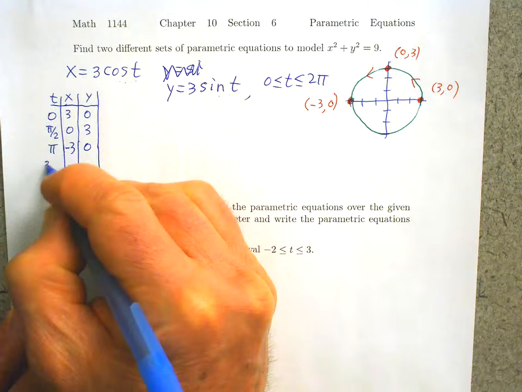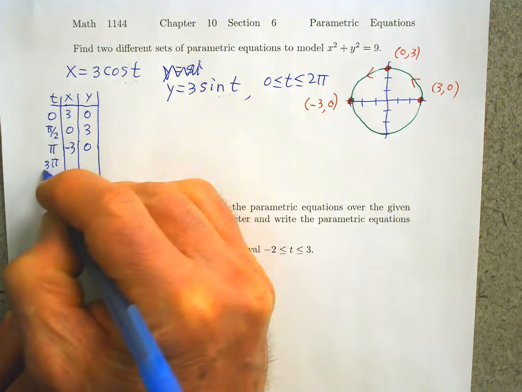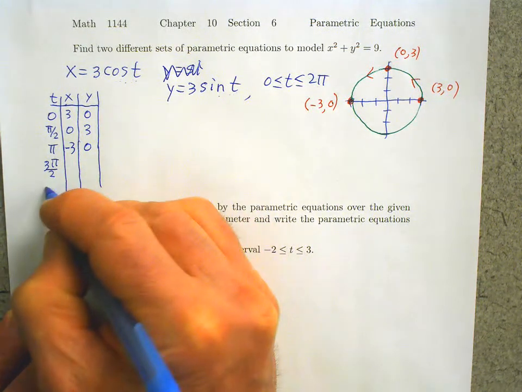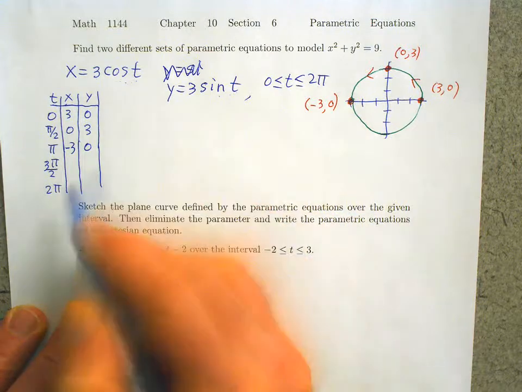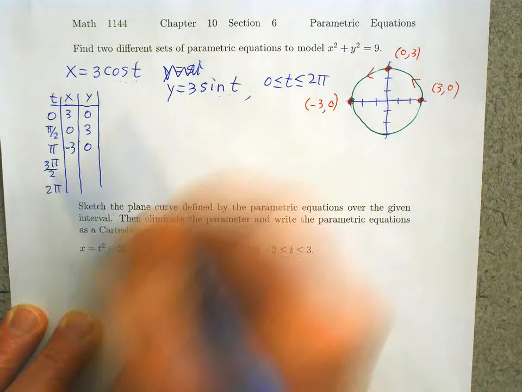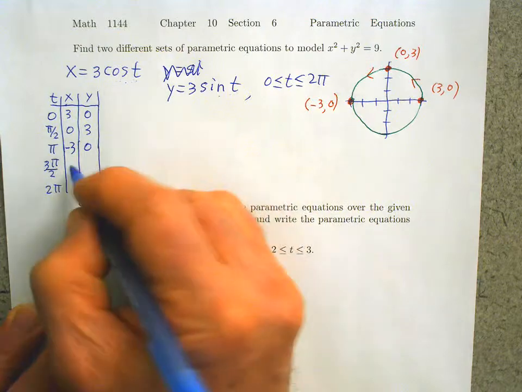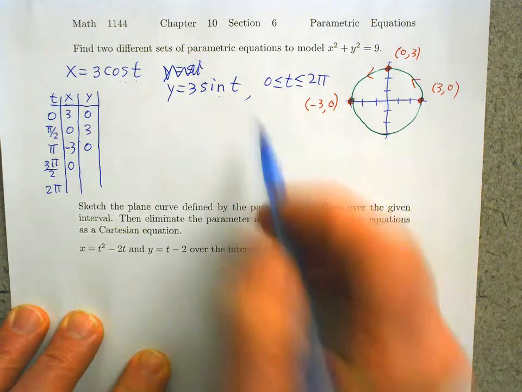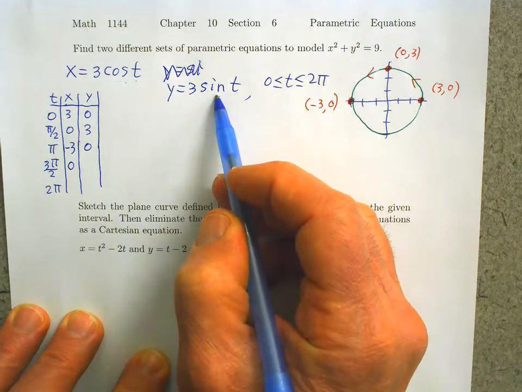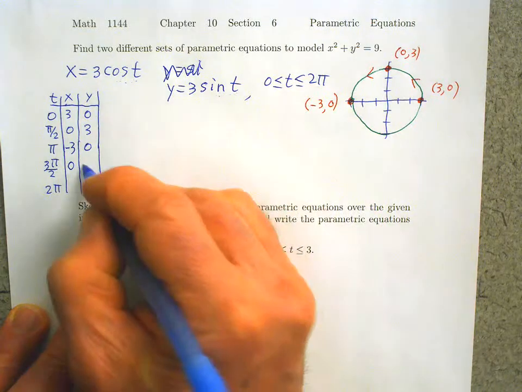So a couple more points for t. t is 3 pi over 2, and then we'll end at 2 pi. 3 pi over 2, cosine of 3 pi over 2 is 0, so the x-coordinate is 0. Sine of 3 pi over 2 is negative 1. 3 times negative 1 is negative 3.